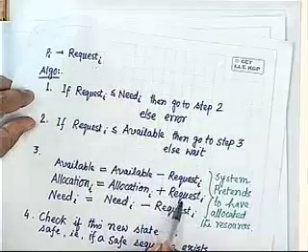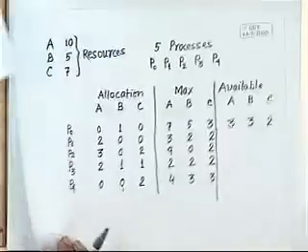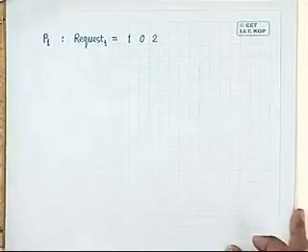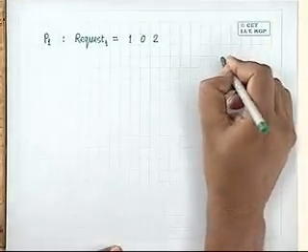The data structures which will be modified are available, allocation and need. If these resources are allocated, the available vector will have a new value.